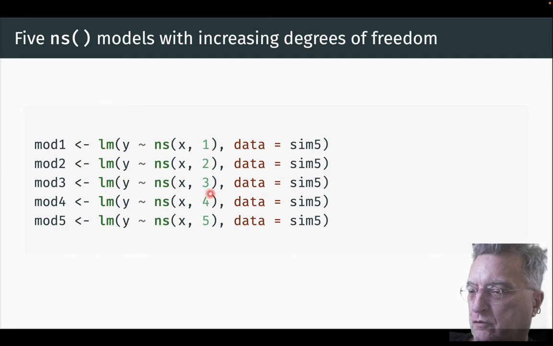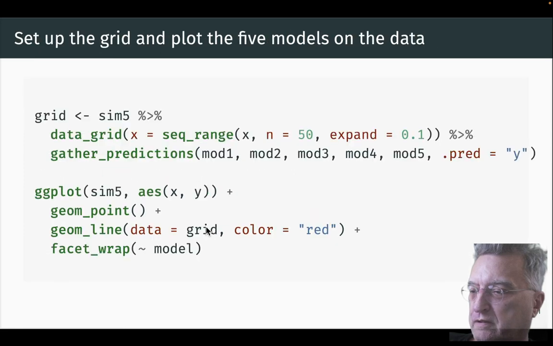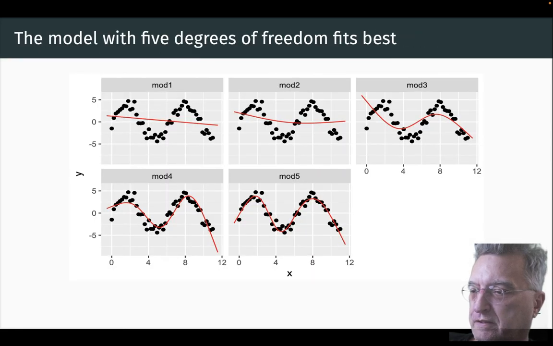So this is a natural spline, and this is 1 degree of freedom, 2 degrees of freedom, and I think I have a plot of it here. So here's the model with 1 degree of freedom, a model with 2 degrees of freedom, a model with 3 degrees of freedom, and you see that the more degrees of freedom, the more the natural spline fits the data. So the 5th degree of freedom is the best.